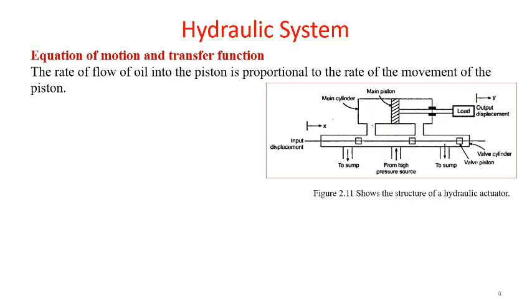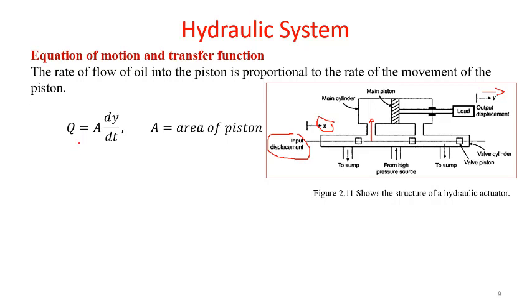The Q flow depends on the input which we give to this valve. This input is a displacement we get from our electrical solenoid valves. When this displacement occurs, the spool is going to move, and based on that the fluid is going to enter the system.